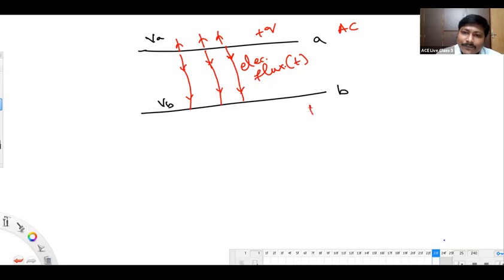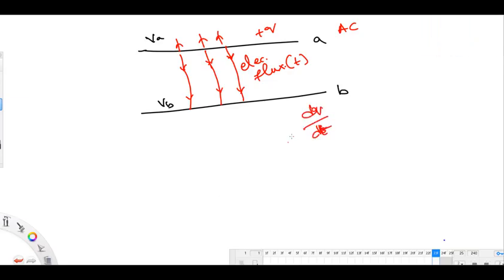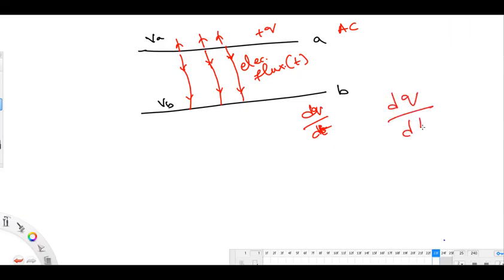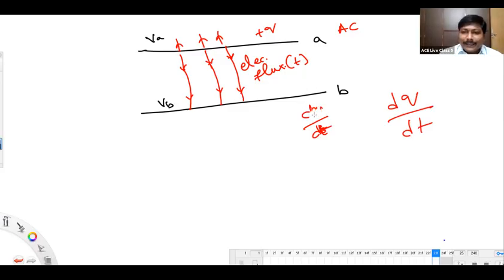What do you mean by rate of change of electric flux linkage? Current. Where is it created? Who is experiencing that current?